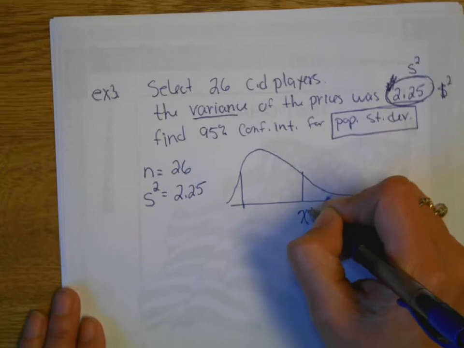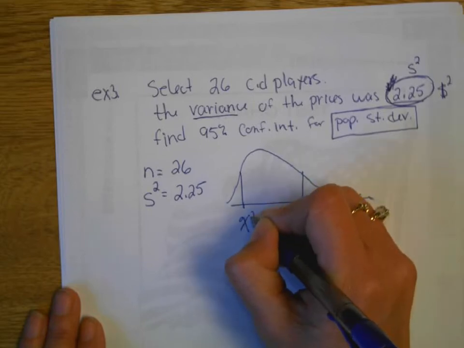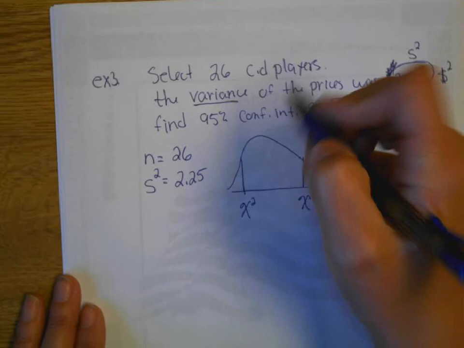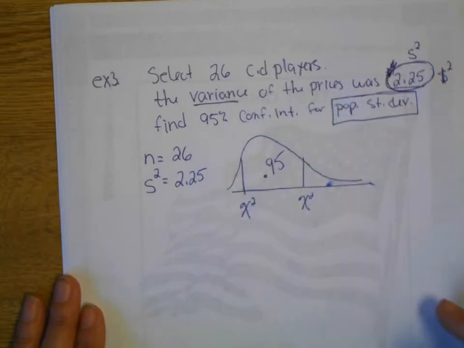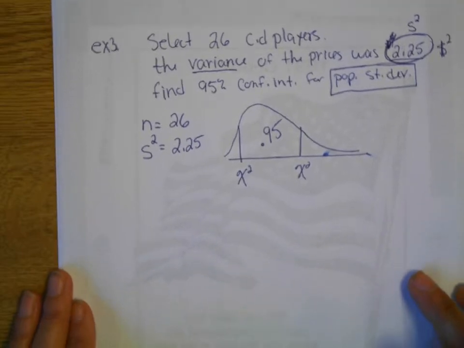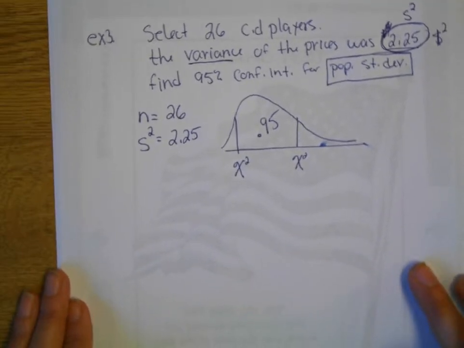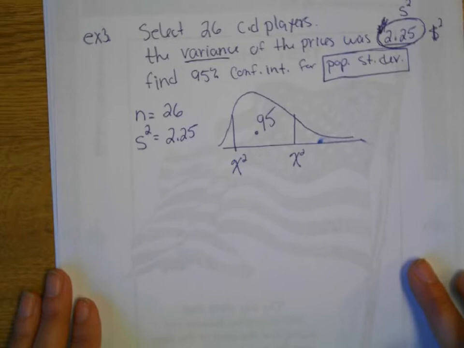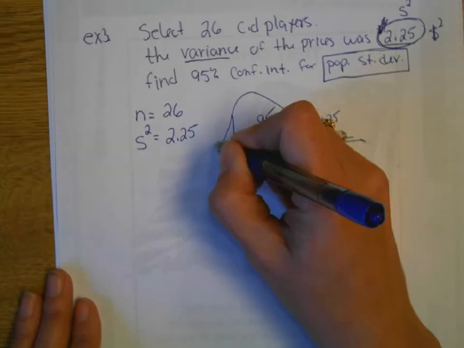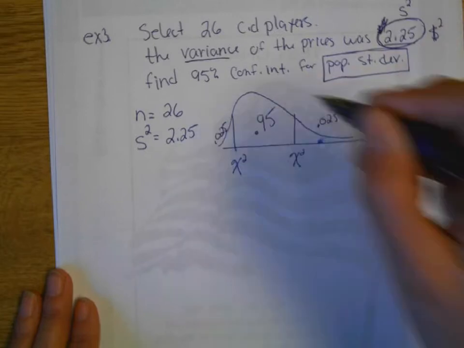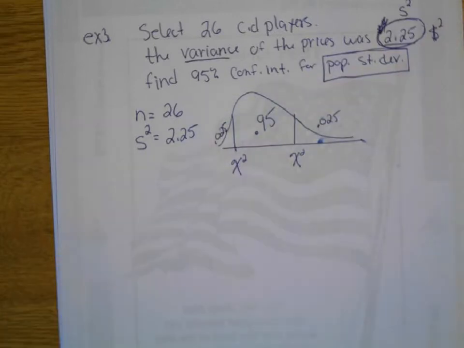You've got your chi-squareds. You've got your area in the middle. And you have to figure out the area in the two tail pieces. At this point, these should be getting very easy. 0.025 and 0.025. And now you use your table. This is the only place you can really screw it up.